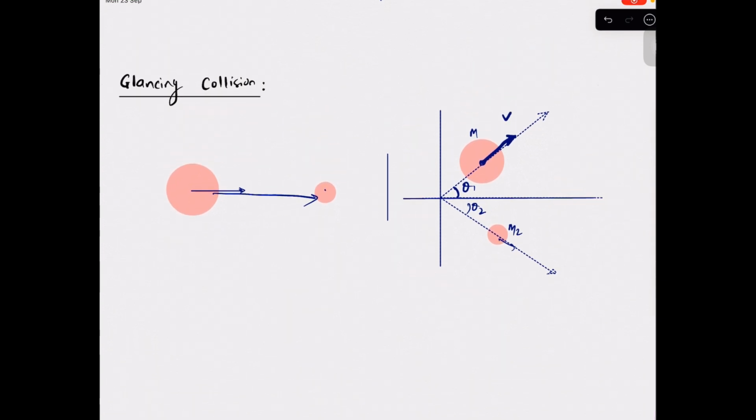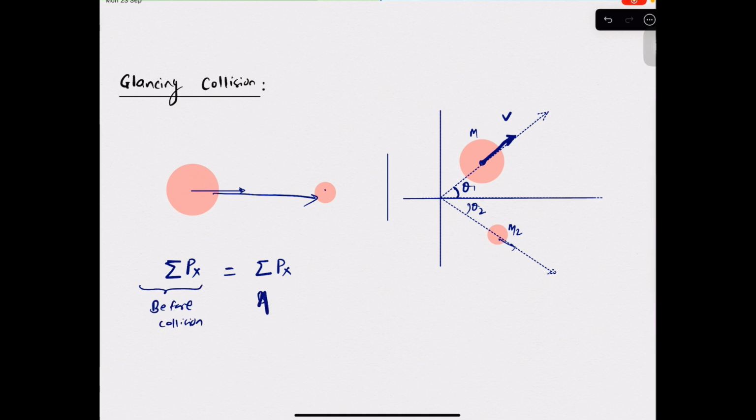In order to study this, we need to consider that the total momentum in the x direction before collision must be equal to the total momentum in the x direction after collision. We'll separately conserve momentum before and after in the x direction and the y direction as well.